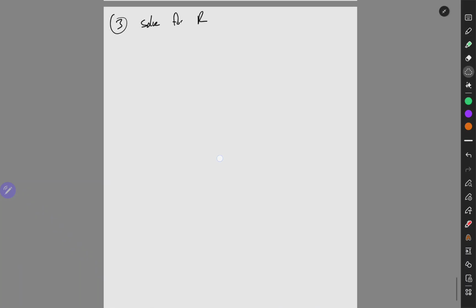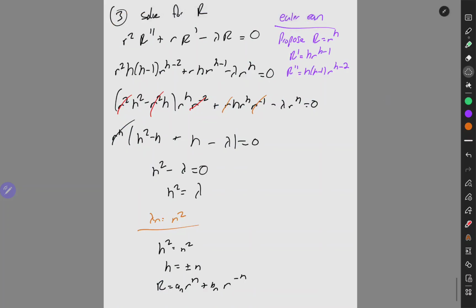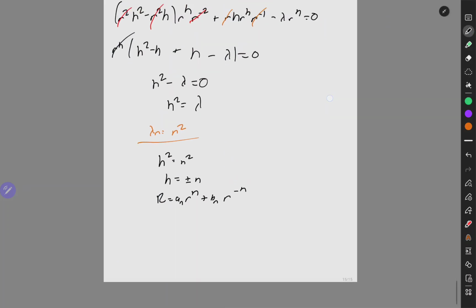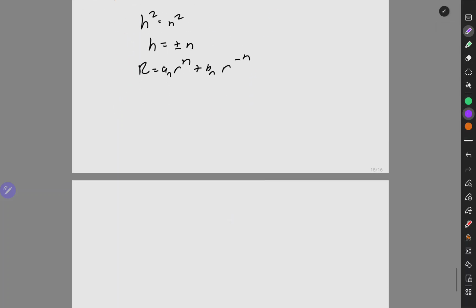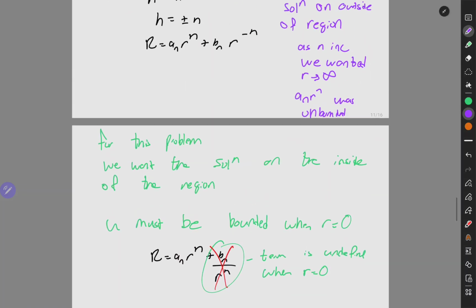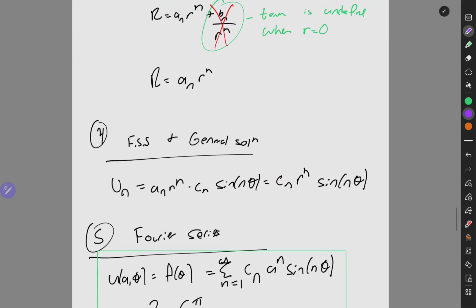This is the same thing as the last one, actually, because this wants the solution on the inside of the region. So we make the same assumption as before. We want the solution on the inside of the region, so U must be bounded when R equals 0.